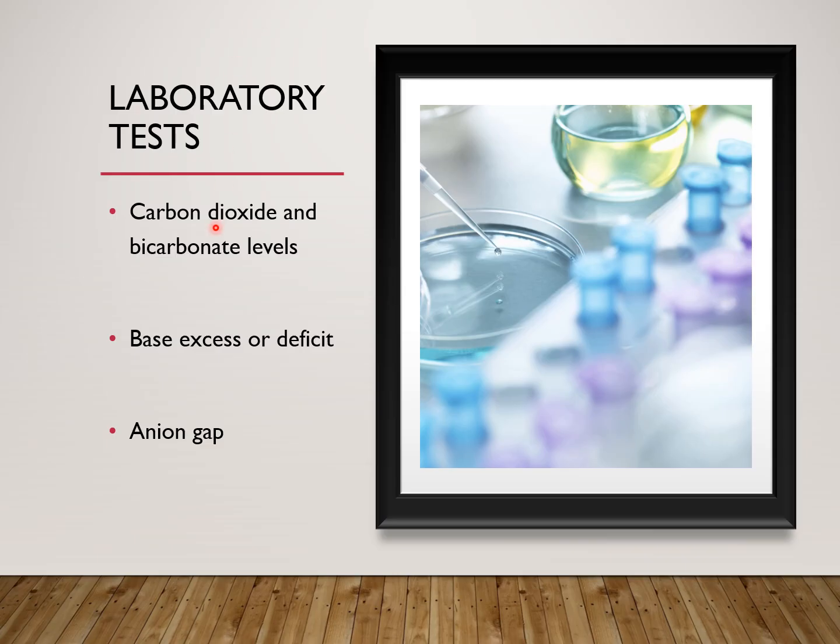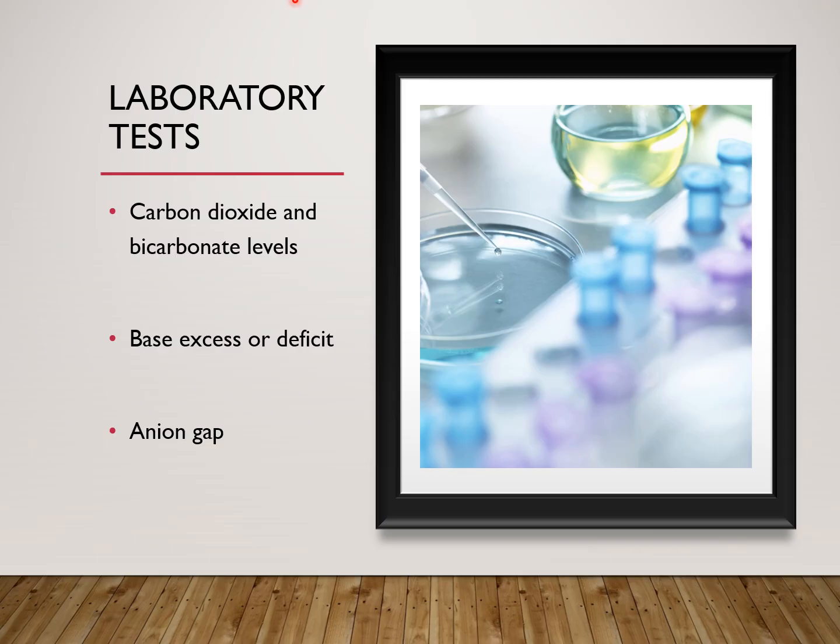The other level is bicarbonate levels. Normal bicarbonate in an arterial blood gas is 22 to 26 milliequivalents. Okay, so that's normal. Again, normal pH levels, normal PCO2 levels, and normal bicarbonate levels are things you're going to have to know. We also have some laboratory tests called base excess or base deficit.